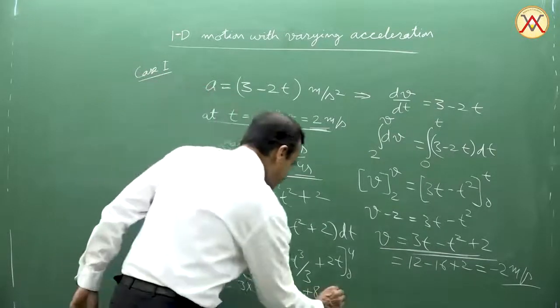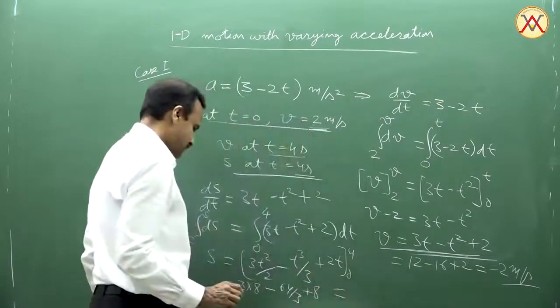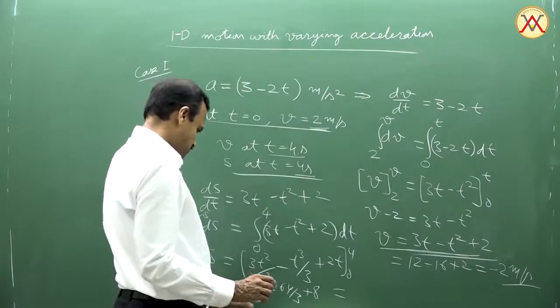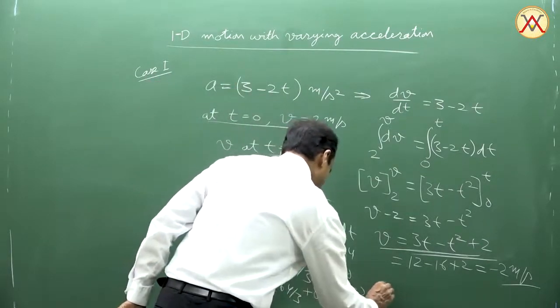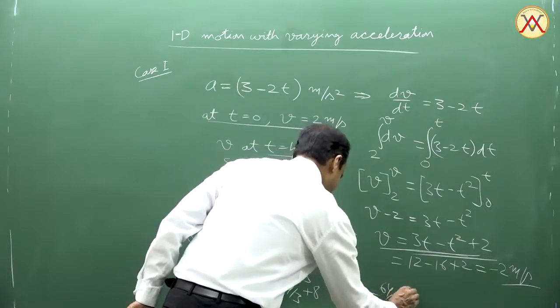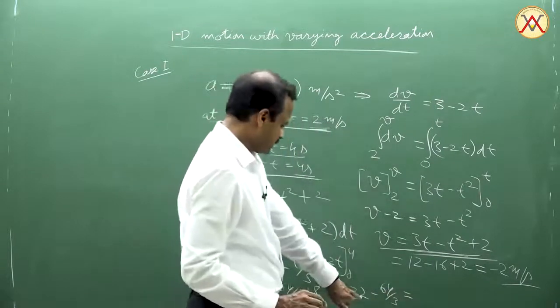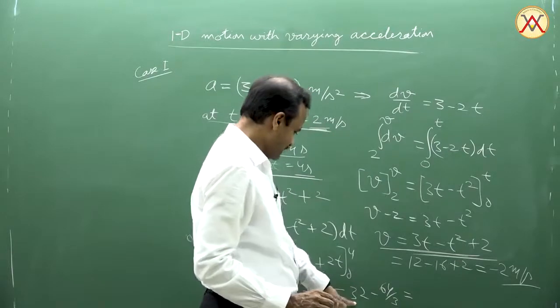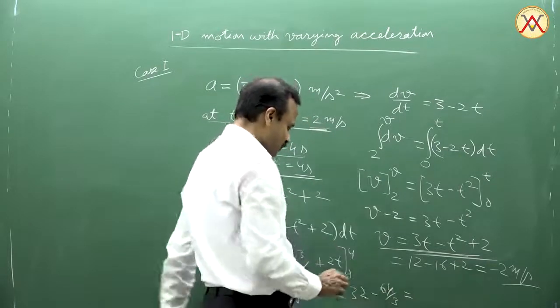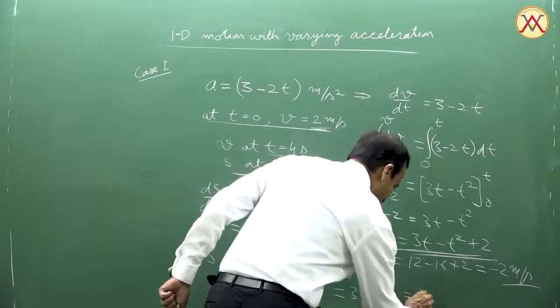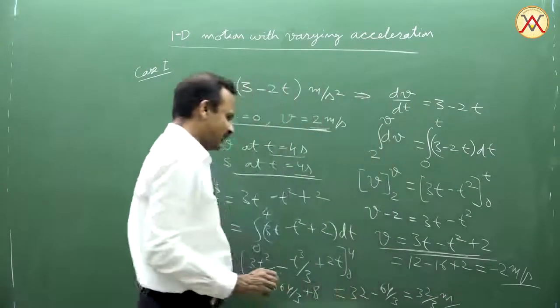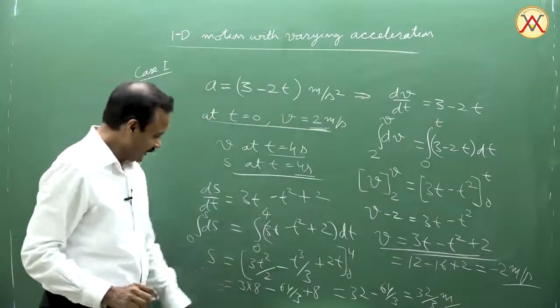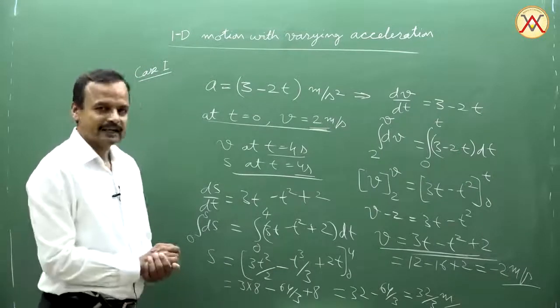So this can be simplified to 32 minus 64 by 3. If you take the LCM, 96 minus 64 is 32 by 3 meter. So this is the final displacement in 4 seconds.